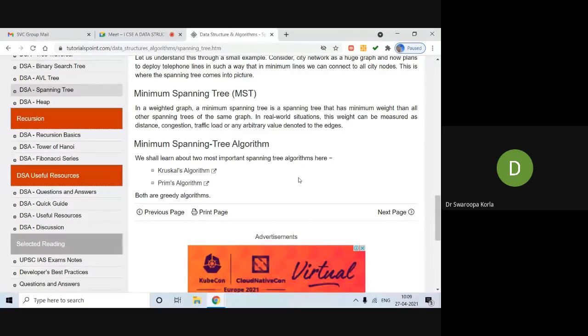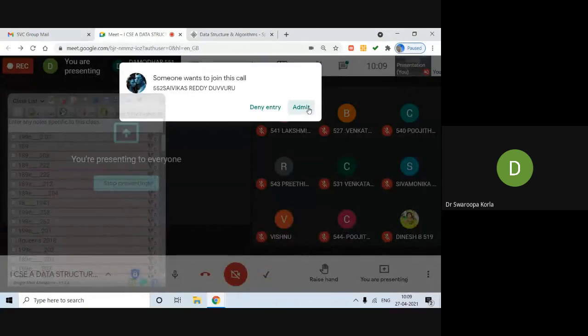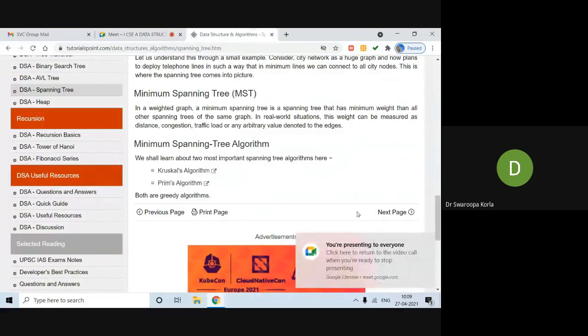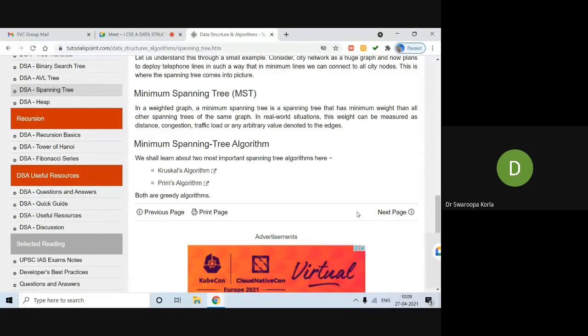But what is important here is that we should be able to construct a minimum spanning tree, which carries the minimum total weight of edges compared to other spanning trees of the same graph. A minimum spanning tree, MST, is a spanning tree consisting of the minimum weight of edges compared to all other spanning trees of the same graph. I think it is clear.